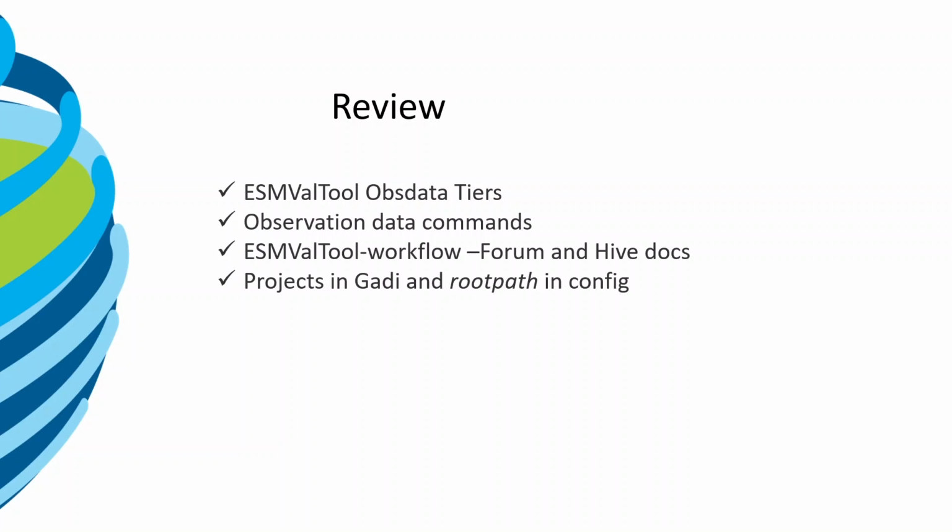ESMValTool also has data commands, including download and summarizing, and also checking pages such as the ESMValTool workflow, forum for updates, and the Hive docs for getting started, and the projects that'll be listed there to access certain data collections. And we just had a quick look as well at the root path and the config files. So that's how we find data in ESMValTool.